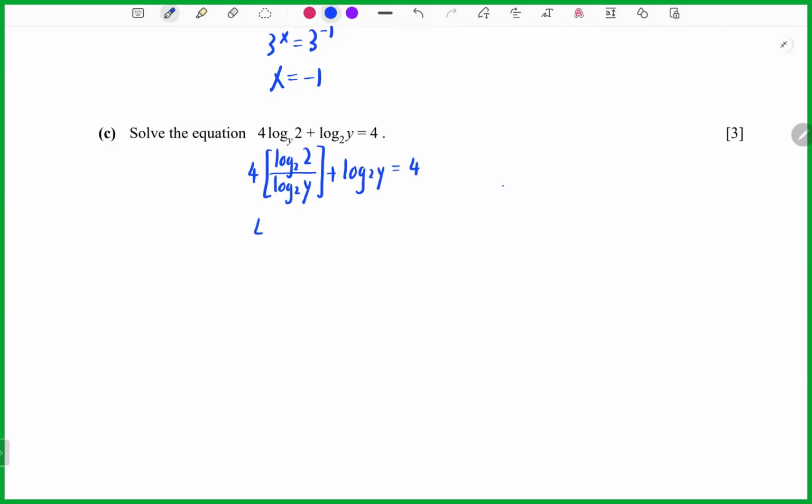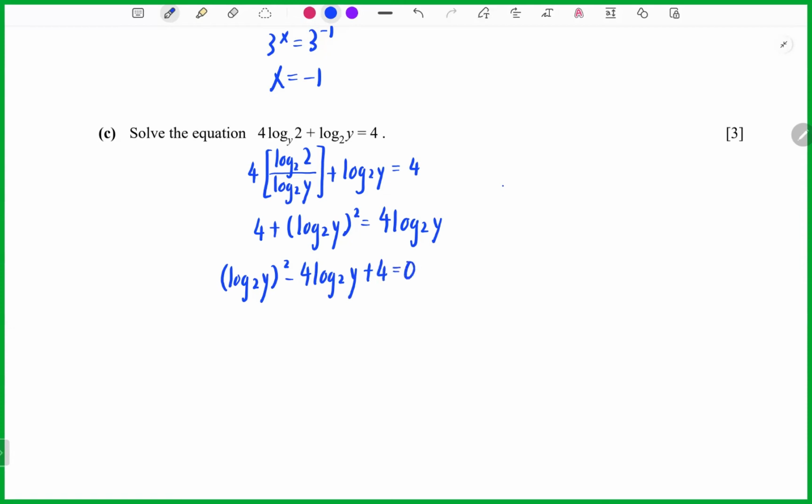So I can get here 4 plus bracket log 2 y squared equals 4 log 2 y. So bracket log 2 y squared minus 4 log 2 y, and then plus 4 equals 0.